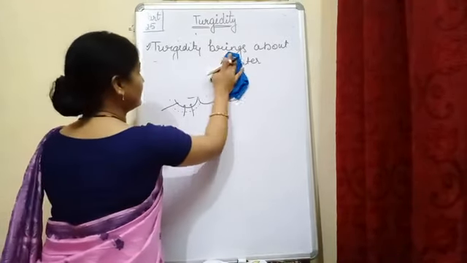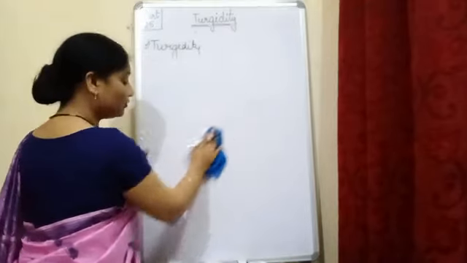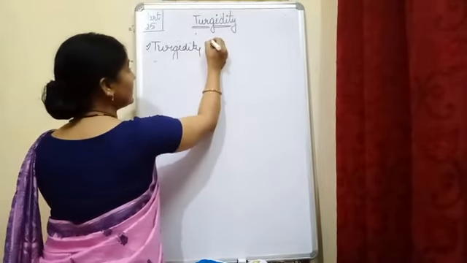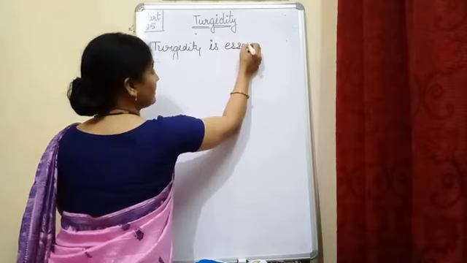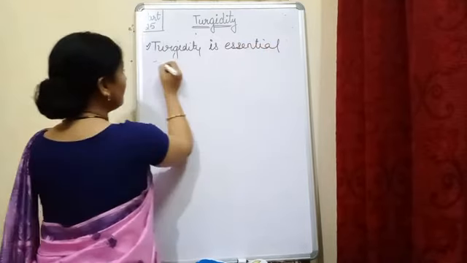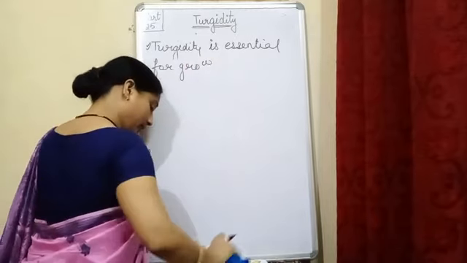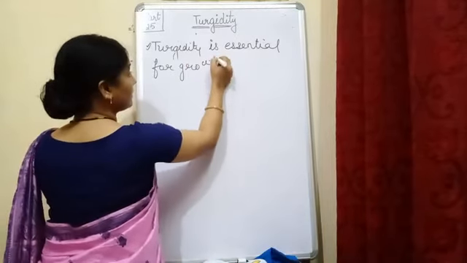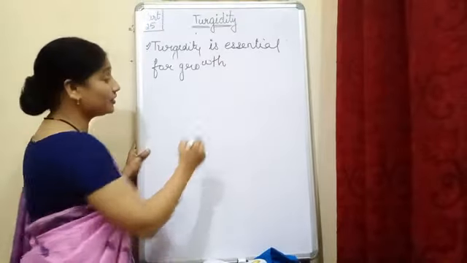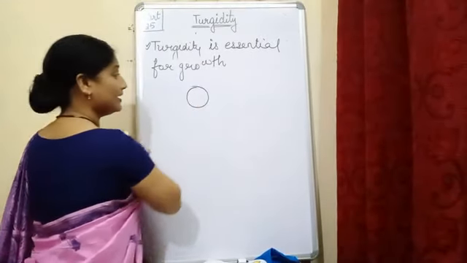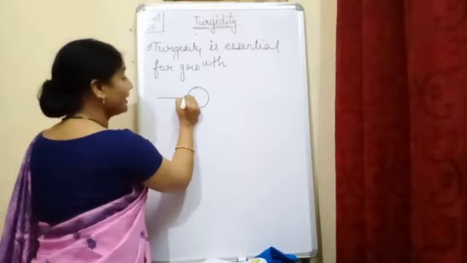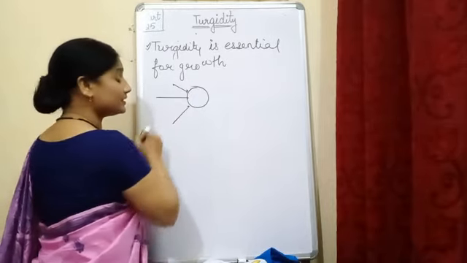Now see the second significance. This turgidity is essential for growth. Turgidity is essential for growth. Now how is it essential for growth? Once again, the cell will absorb water by the process of endosmosis.